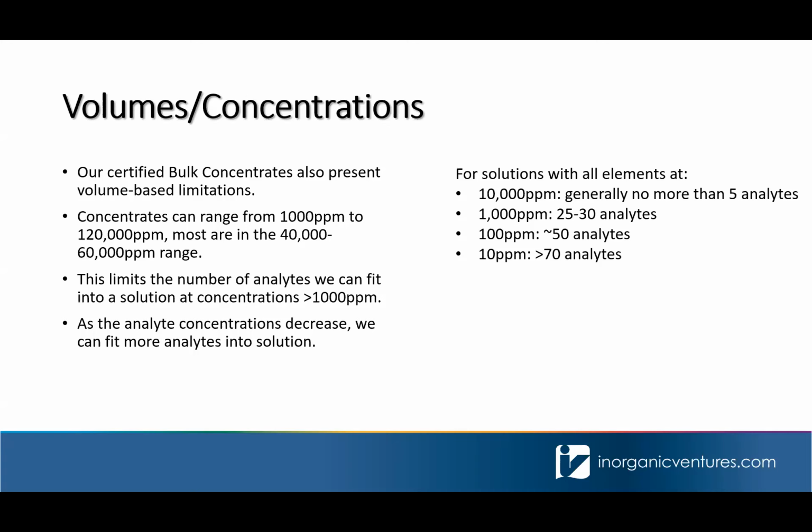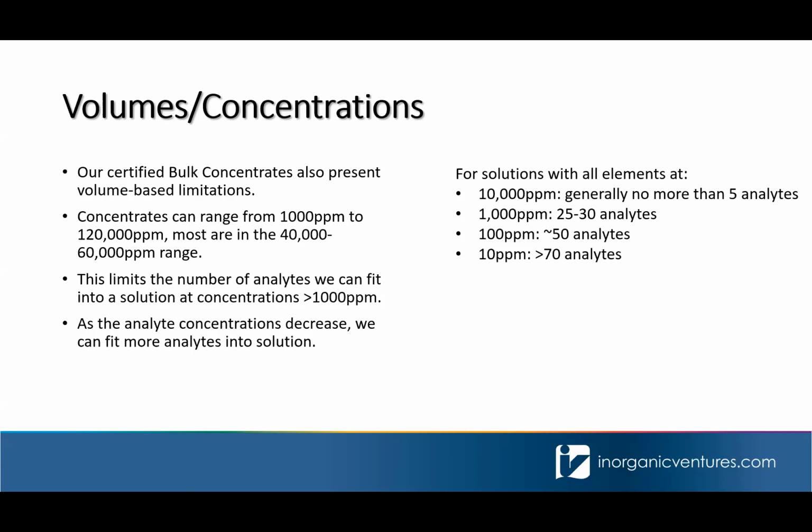So basically the takeaway here is that the number of elements per solution decreases as the concentration increases. So as you can see on the right, at 10,000 ppm for all of the analytes in your calibration solution, you're not going to be able to fit more than about 5 or so in one solution.